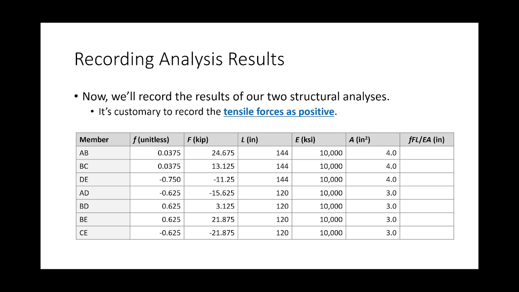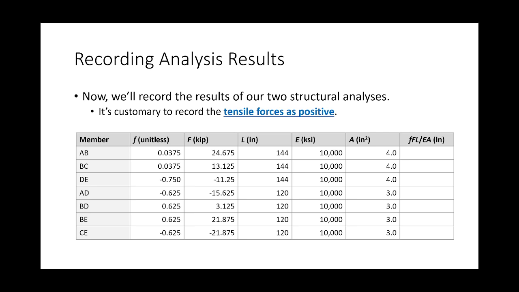In terms of sign convention, because I've got to put a sign somewhere with these, I'm going to say that I'll record tensile forces as positive. I don't care if you record compression forces as positive. It doesn't matter. You just have to be consistent. If you're using tension positive here, you've got to use tension positive here.